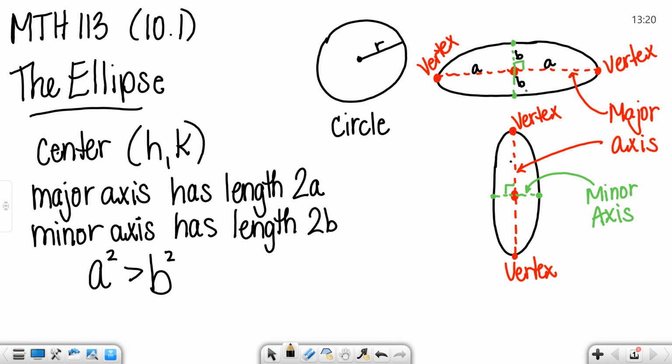And that's true on both diagrams. So A squared is always going to be larger than B squared.